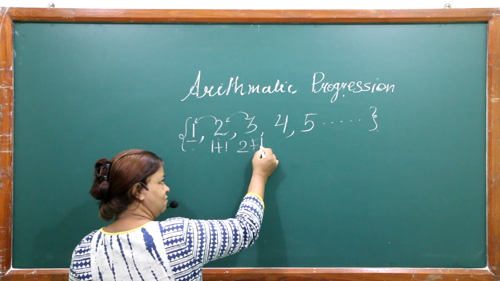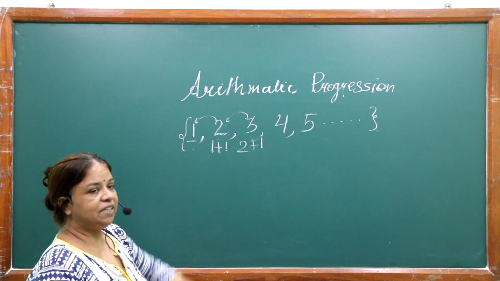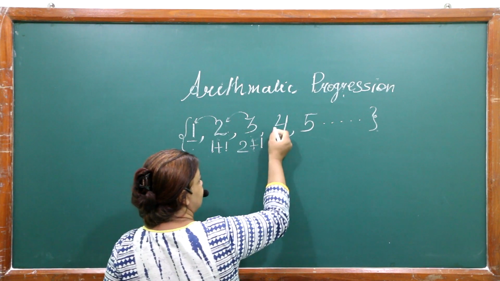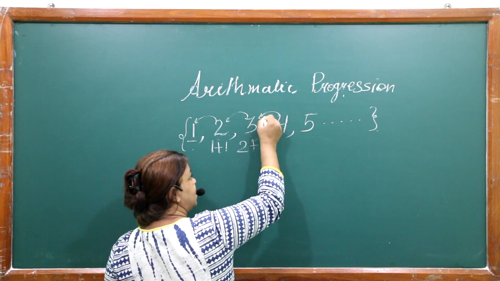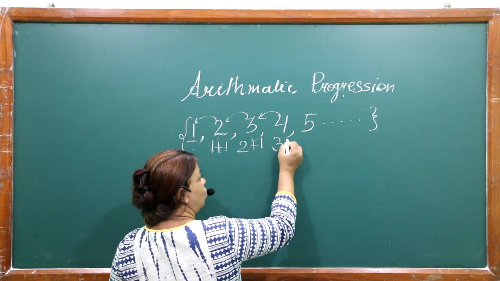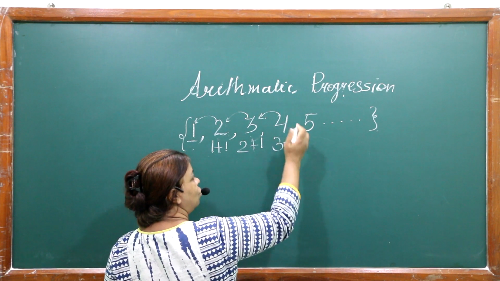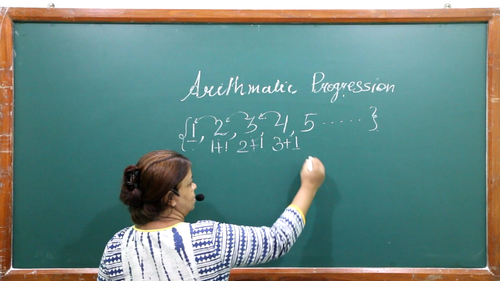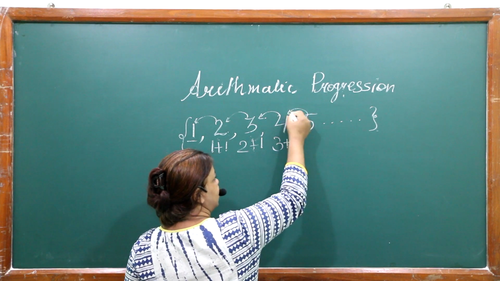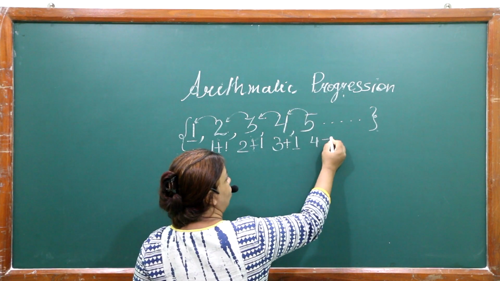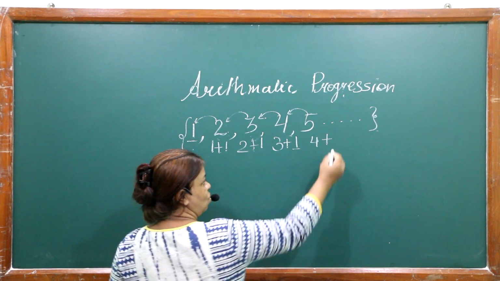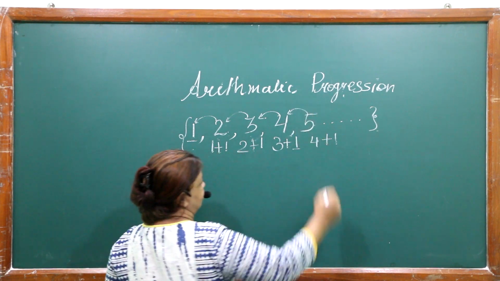Obviously, yes, 1. 2 plus 1 gives me 3. Similarly here, to get 4, the preceding number is 3. What number must I add to get 4? Obviously 1. To get 5, the preceding number is 4. What number must I add to 4? 1, and I get 5.